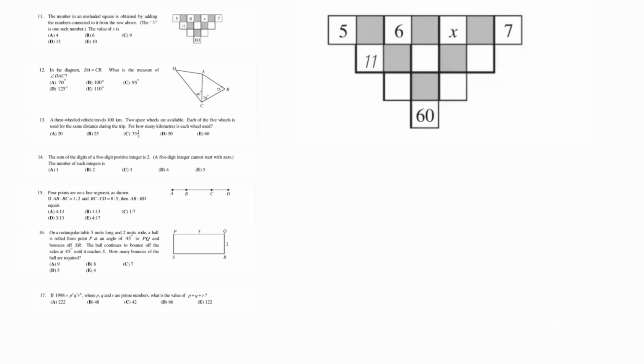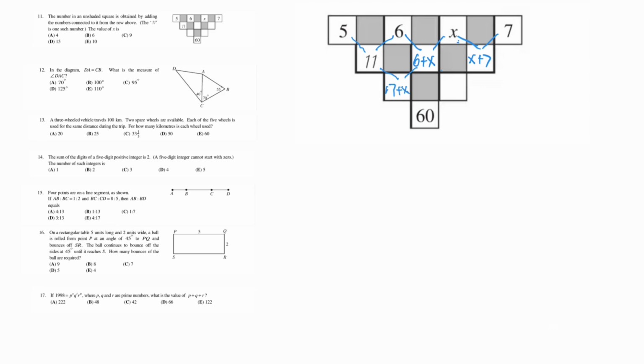So 5 plus 6, that's 11. 6 plus x goes here. 6 plus x. And the last white square, that's x plus 7. Now 11 plus 6 plus x goes here. That's 17 plus x.